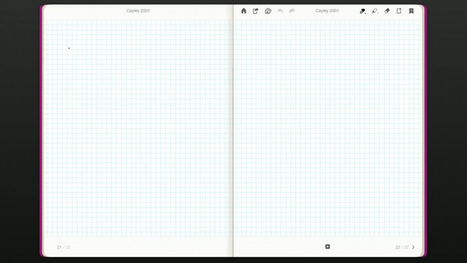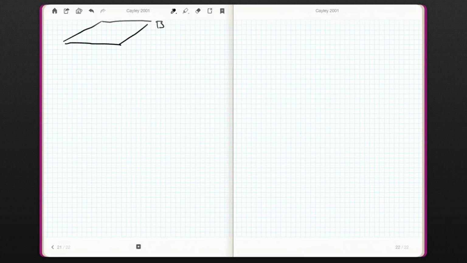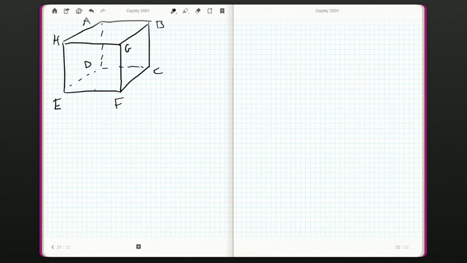So I will draw, as I often do, a copy of the picture again in the notebook. Let's label all the points. No reason not to, really. That was E, that was F, so it's going to have to be C and then D here, and then that'll have to be G and H. Okay, so we've got P here, and it splits it up nice and even.